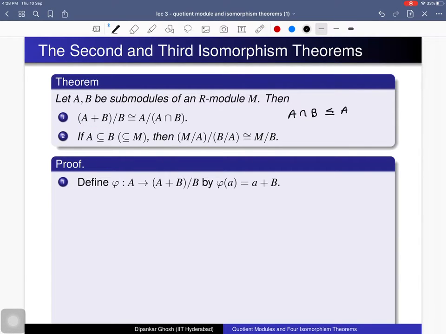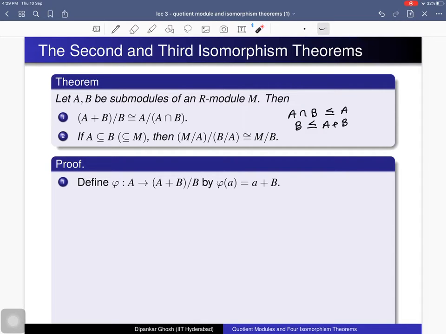Note that A intersection B is a submodule of A, we just denote it in this way, less than or equal to, and B is also a submodule of this sum A plus B. Now this first statement says that if you take the quotient module of A plus B by the submodule B, it is the same as the quotient module of A by the submodule A intersection B. And how to prove that? So again we want to use the first isomorphism theorem, and for that first of all we need to define a module homomorphism.